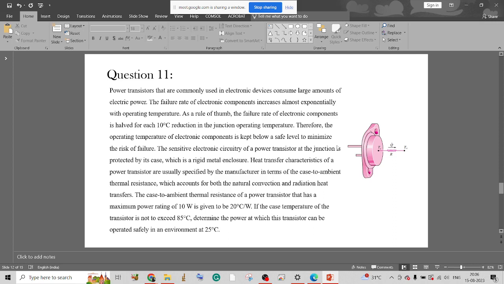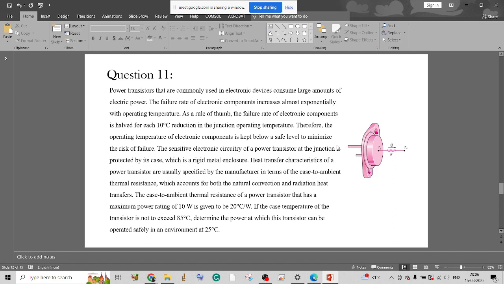The power transistors that are commonly used in electronic devices consume a large amount of electric power. The failure rate of electronic components increases almost exponentially with operating temperature. As a rule of thumb, the failure rate of electronic components is halved for each 10 degrees Celsius reduction in the junction operating temperature.